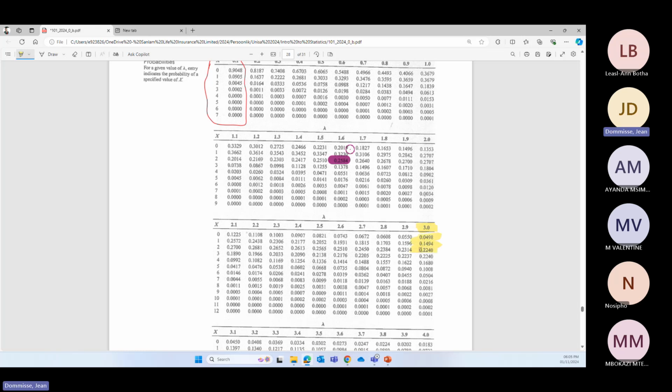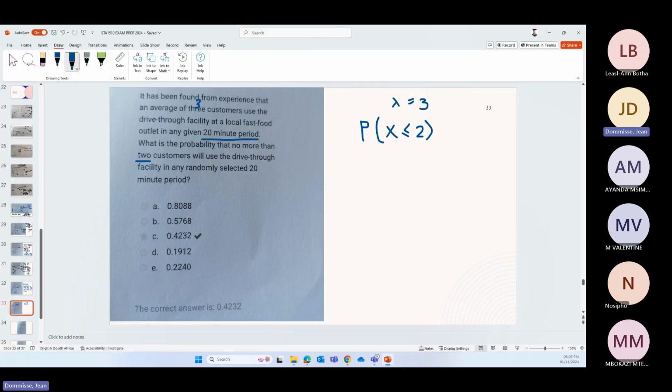Okay, so 0.224 plus 0.1494 plus 0.0498. That gives us 0.4232.